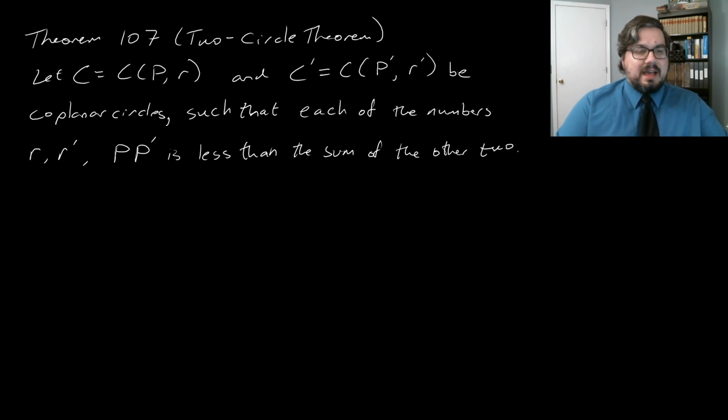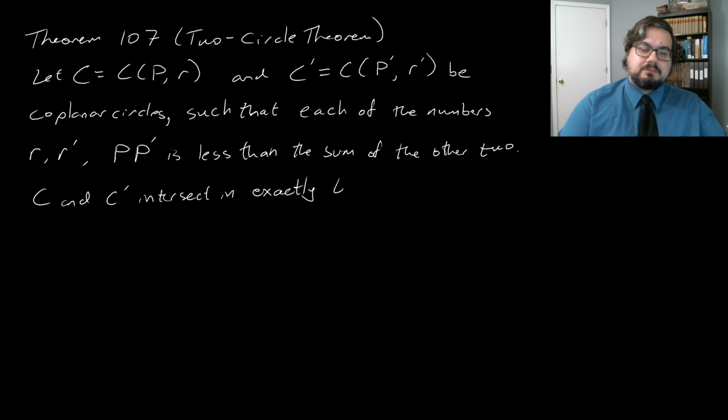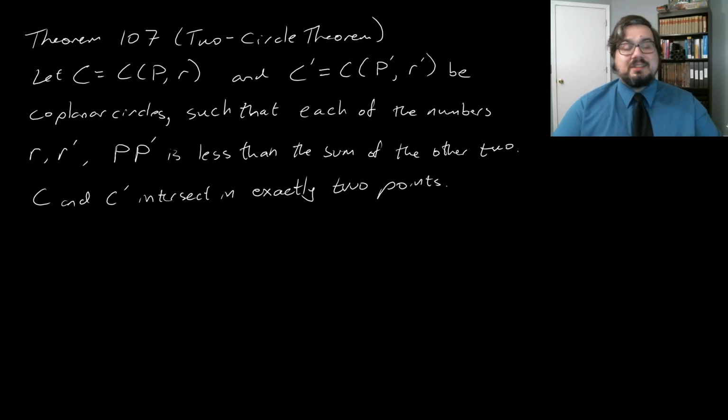In this case, we have that C and C prime intersect in exactly 2 points. So this tells us that two circles can intersect in only 2 points, assuming these conditions hold.